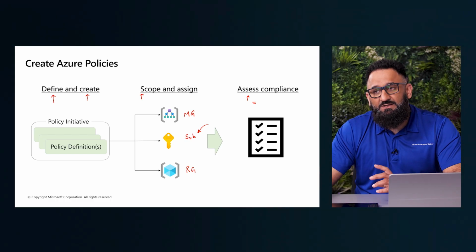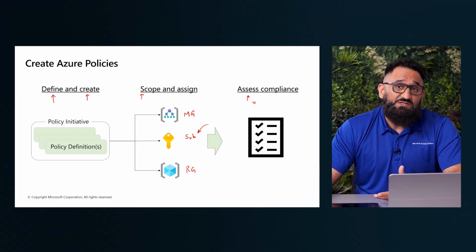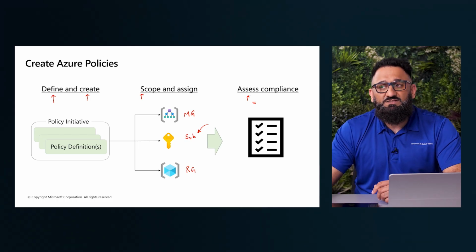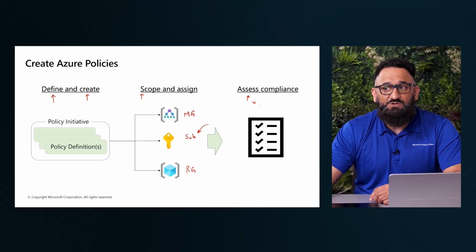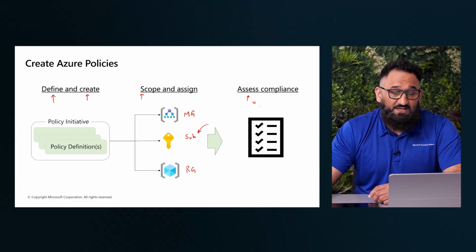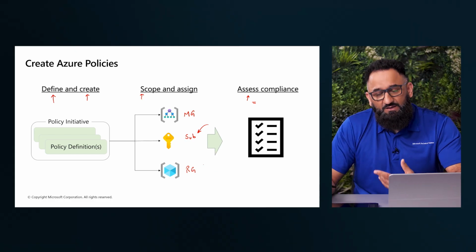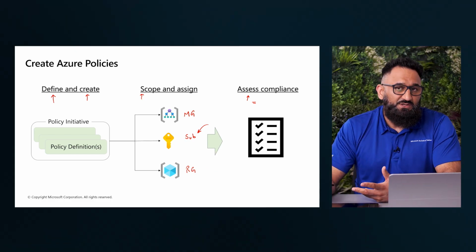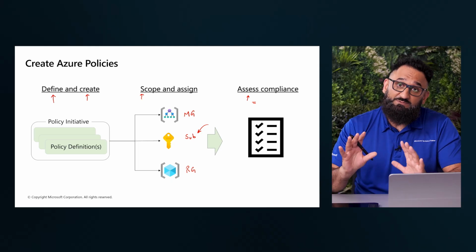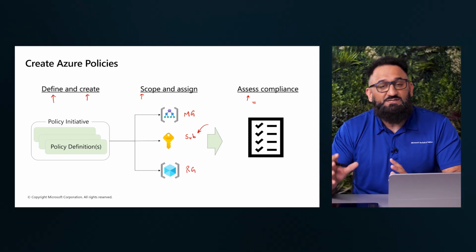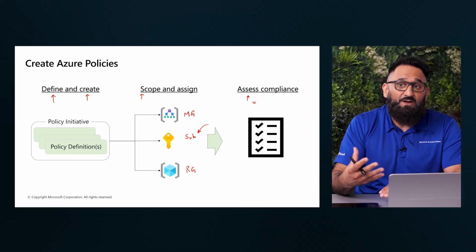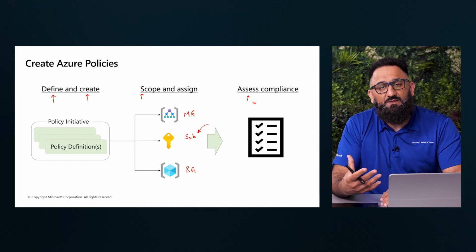Now, if for any reason I have, let's say, a few resources that don't comply, I'll simply get a non-compliance report over here under my compliance area. Now, this non-compliance report does not stop me from working with those resources. However, it just simply tells me there are resources in my environment that are non-compliant to my initial definition of this policy.